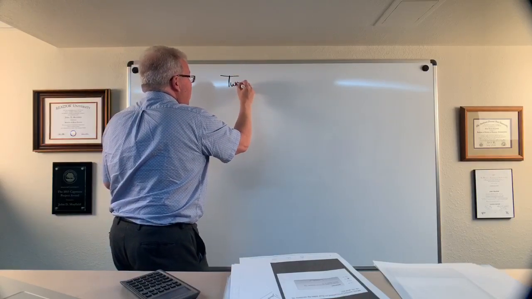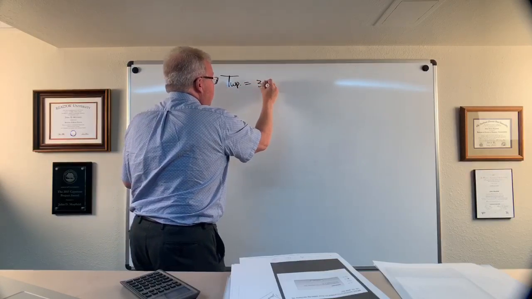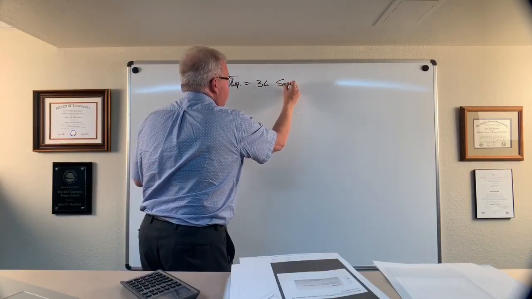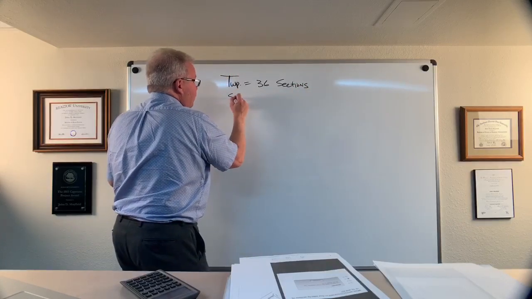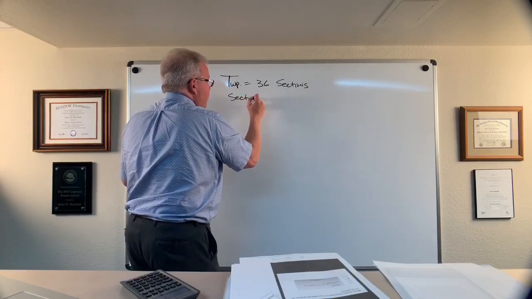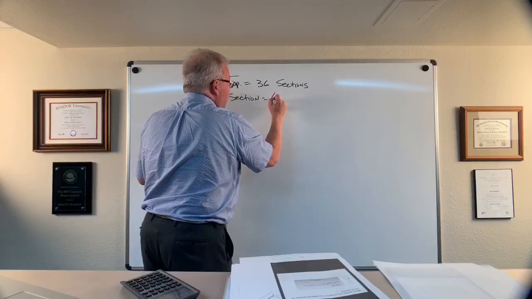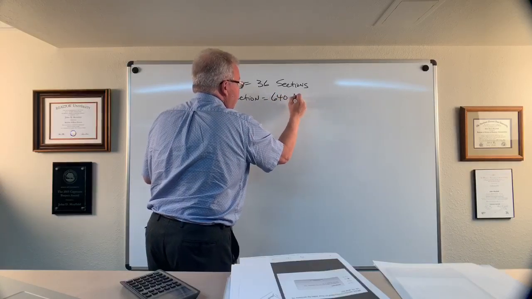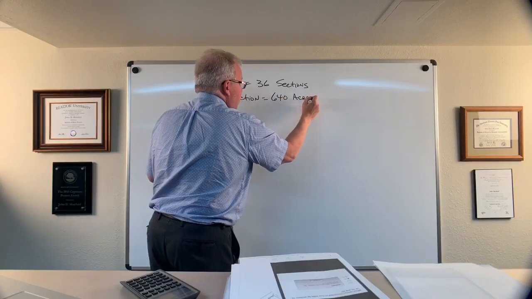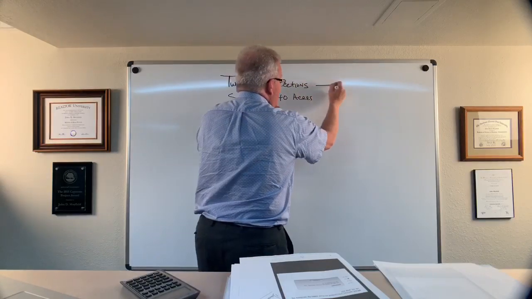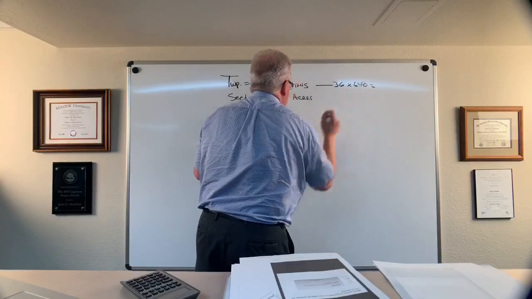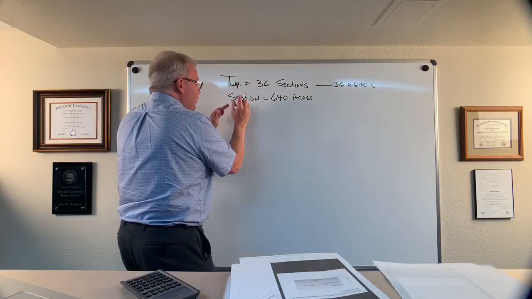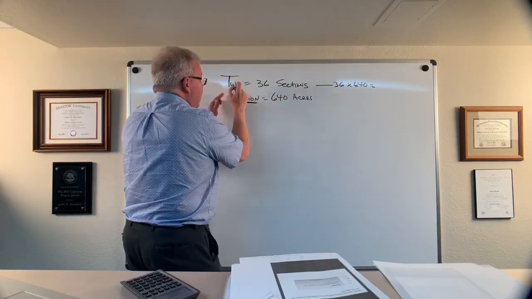Remember, a township equals 36 sections, and a section equals 640 acres. So if we wanted to find out the acreage in a township, take 36 times 640, right? Okay, so what's a township look like?